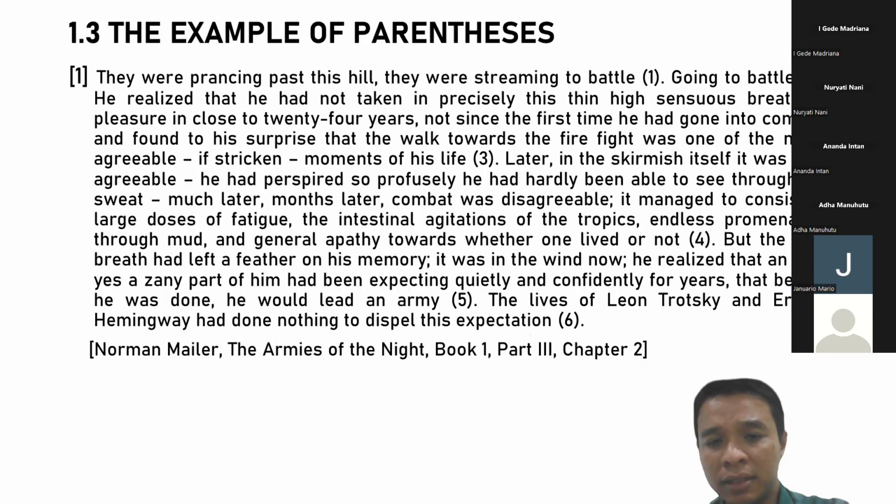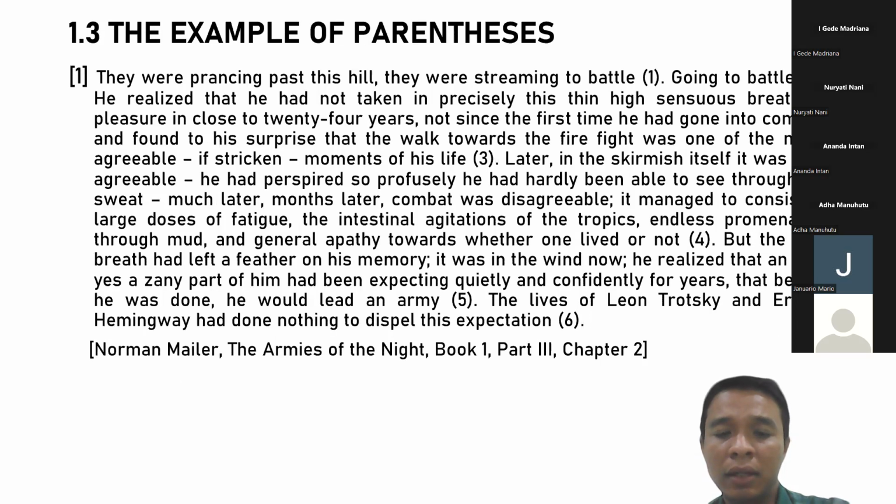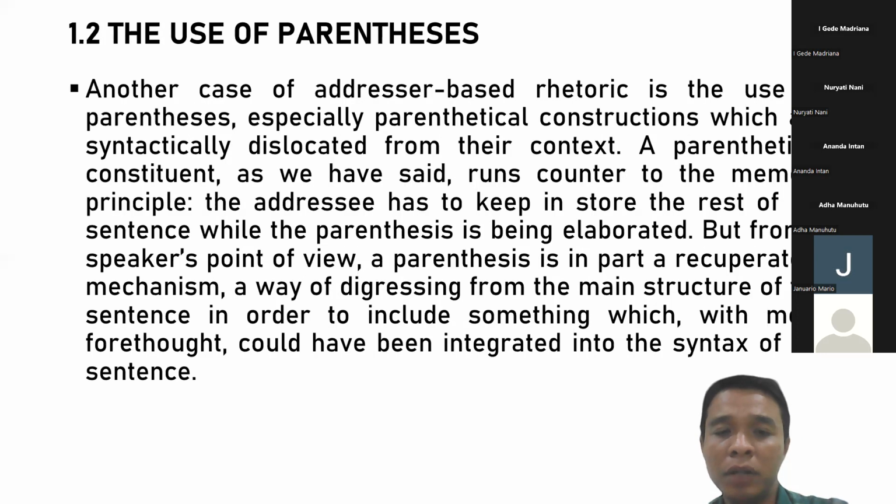And then the second one is the way of digressing from the main structure of the sentence. It is integrated into the syntax of the sentence. You have to remember that the first function for the addressee is to keep in store the rest of the sentence.